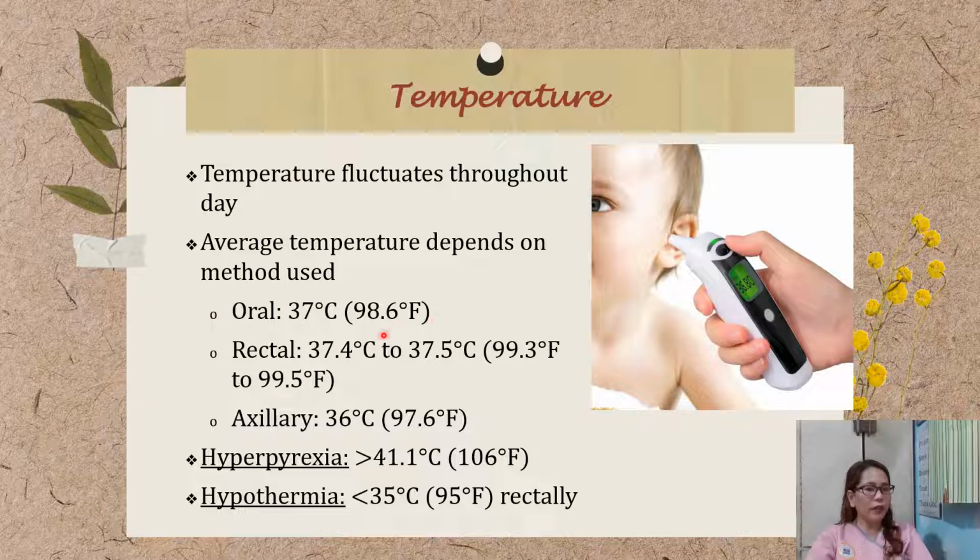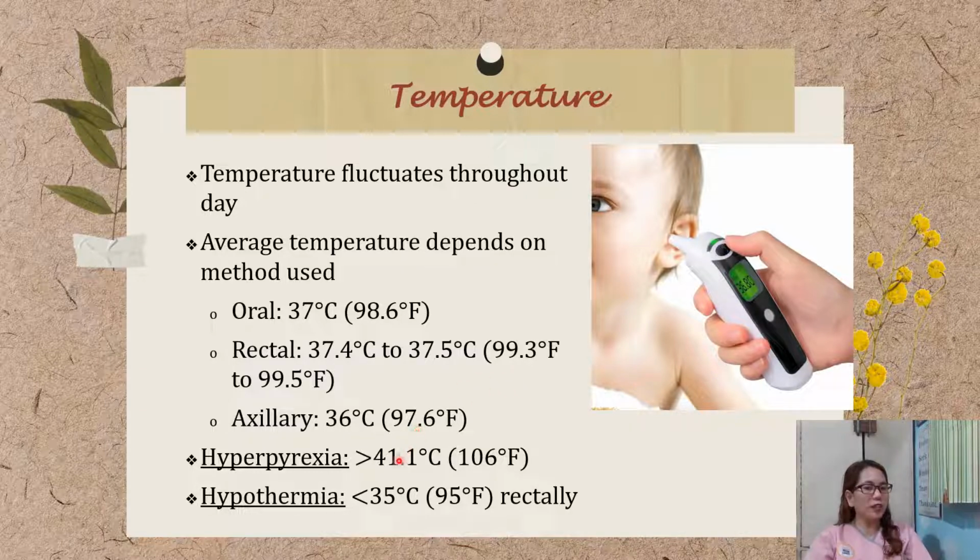For the oral, the average is 37 degrees Celsius or 98.6 degrees Fahrenheit. For the rectal, the average is 37.4 degrees Celsius to 37.5 degrees Celsius.